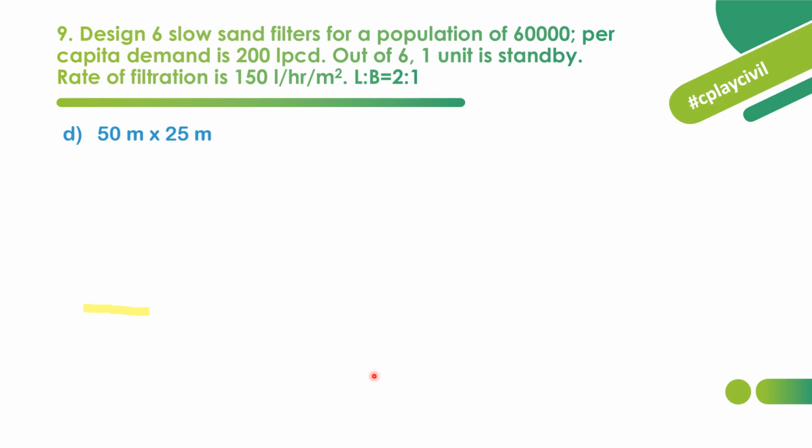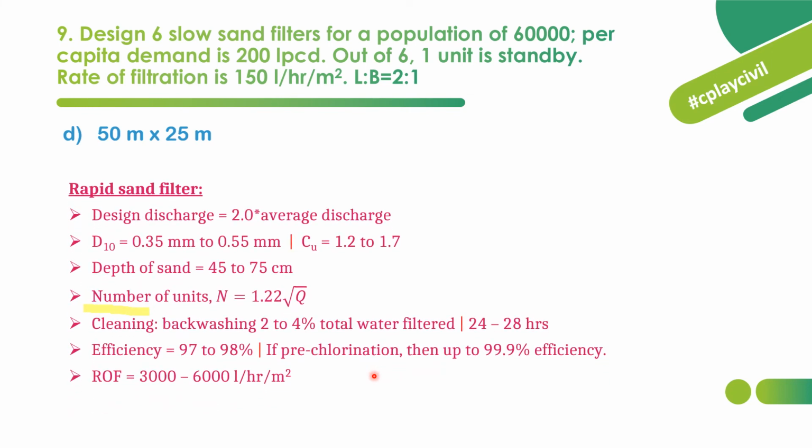Now let's see more points regarding the rapid sand filter. In case of a rapid sand filter, the design discharge shall be 2 times the average discharge. Here we are not using 1.8 times; here it is 2 times the average discharge. And similarly, the D10, that is the effective size of the sand particle, is 0.35 to 0.55 mm, which is higher than that of a slow sand filter.